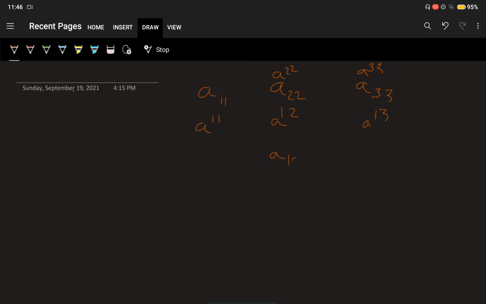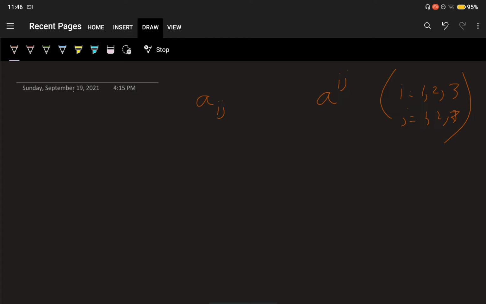The subscript and superscript indices can be written as rank 1, rank 2, and so on. Ultimately, for subscript indices a_ij and superscript indices a^ij, this i and j indices, i equal to 1, 2, 3 and j equal to 1, 2 and 3 for 3 dimensions.